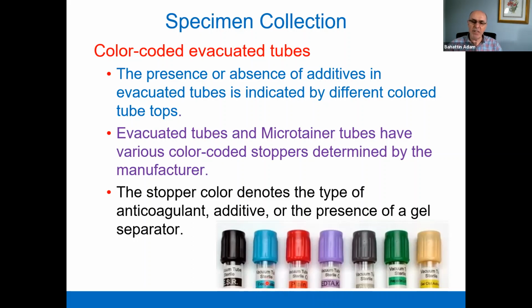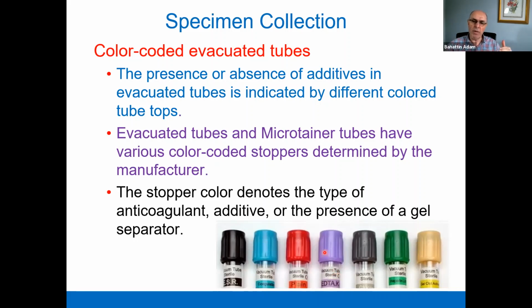Let's see these test tubes, which are blue with blue stoppers. As you see here on the label, this is for coagulation test. All these tubes are sterile and include vacuum.